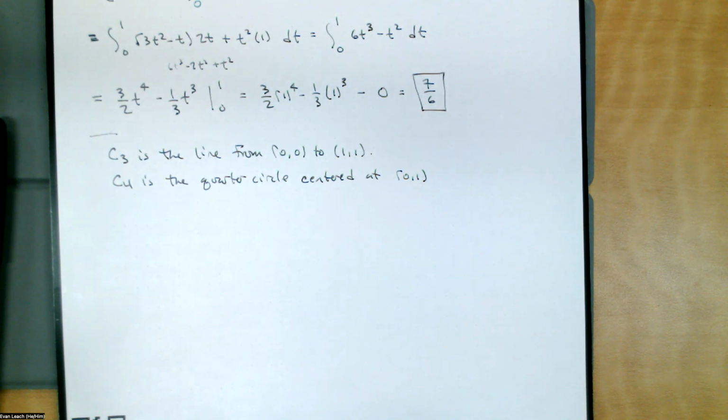So we could just have a description of our paths. So C3 is a line from 0, 0 to 1, 1. We would have to parameterize that. Instead of being given a parameterization, we have to figure out what the parameterization is.